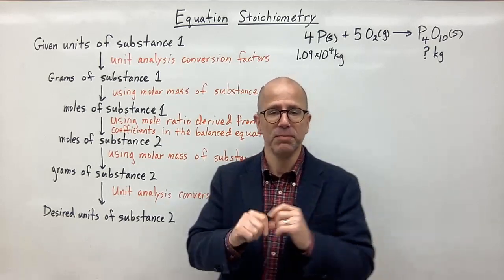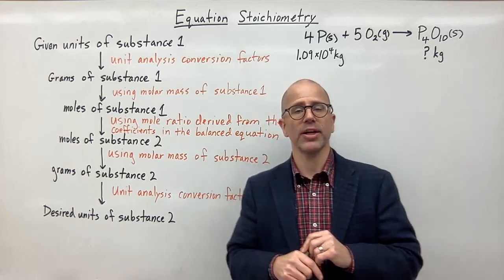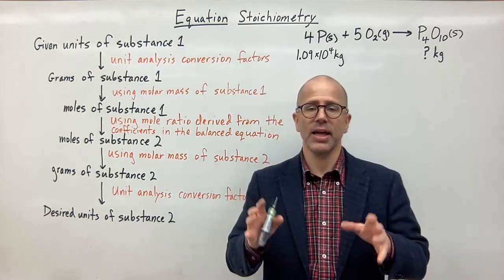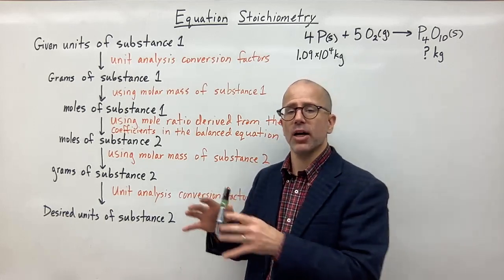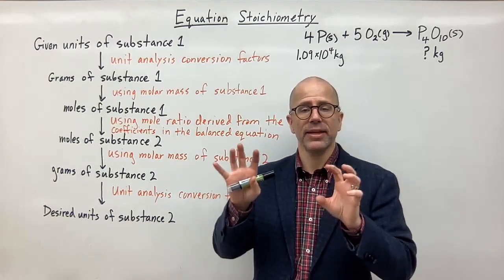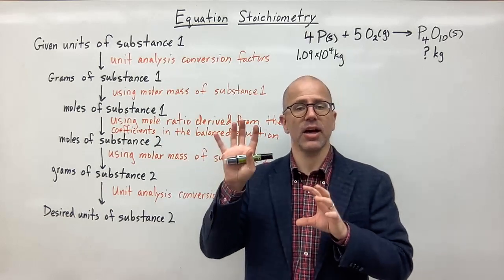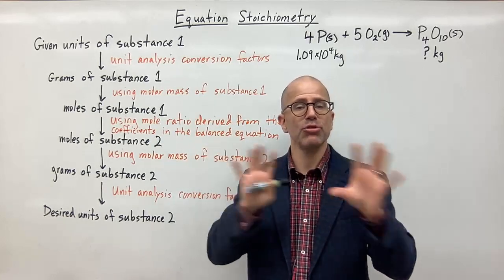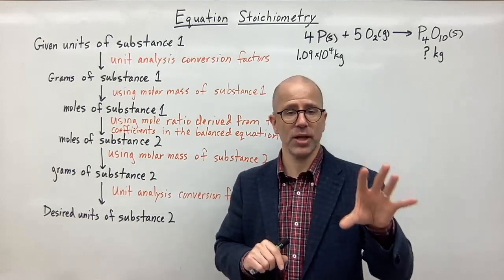For example, H2O. If I wanted to go from the amount of water, H2O, to the amount of hydrogen, then I would use the 2-to-1 ratio in the formula between hydrogen and water. And I would use that mole ratio to convert from moles of one substance to moles of the other.